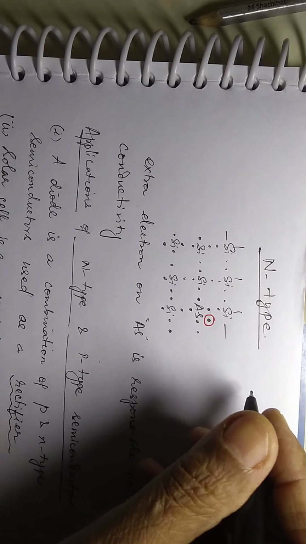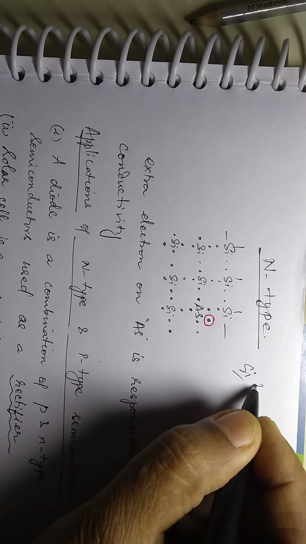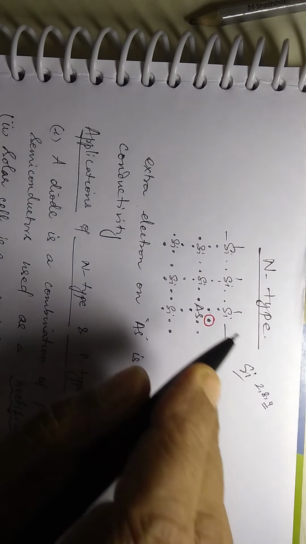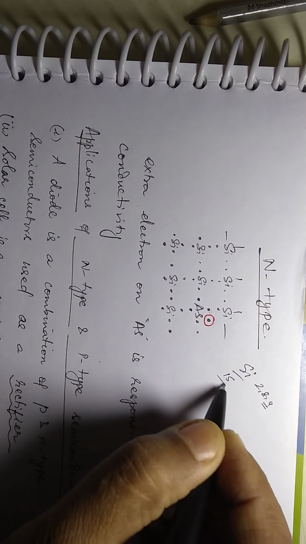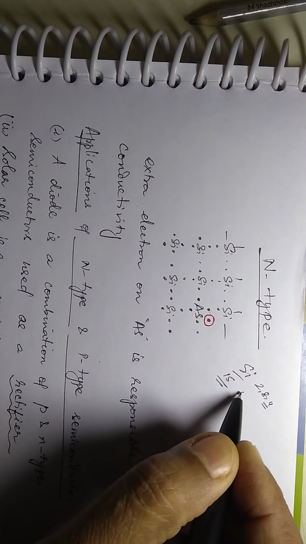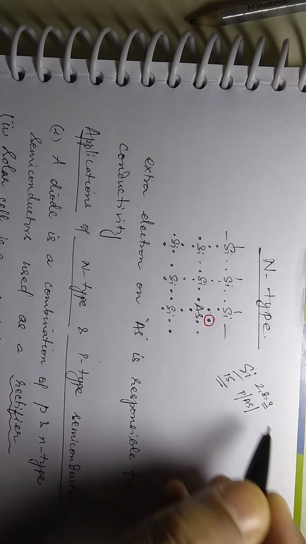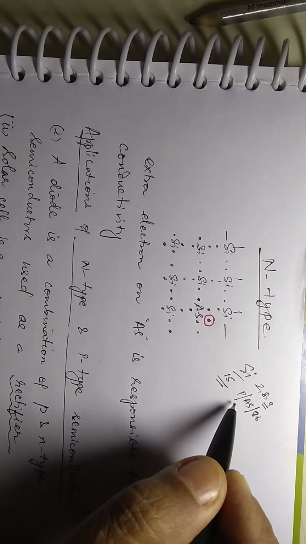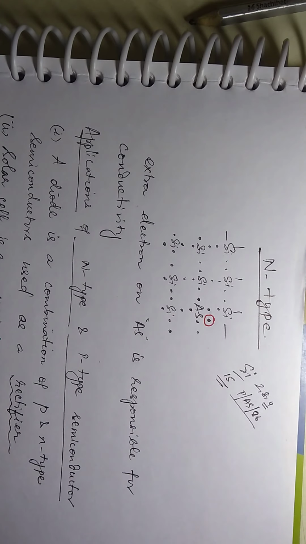Silicon is your host lattice, having 4 electrons in the valence shell, and the impurity atom you are adding belongs to the 15th group. That means it could be phosphorus or arsenic or antimony, and these all have 5 valence electrons, whereas silicon has only 4.